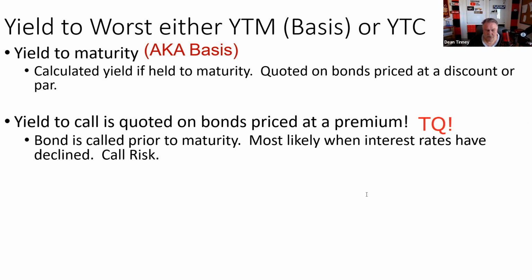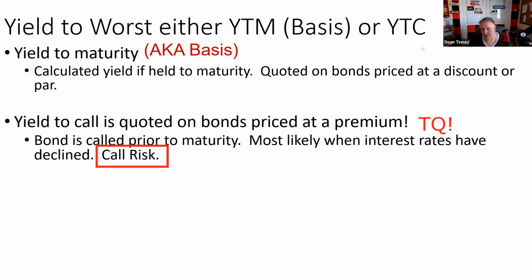I would definitely know that call risk, very testable, is associated with a declining interest rate environment. So not only when you buy a bond at premium do you need to know this idea about yield to call, but you need to know that call risk is associated with a declining interest rate environment. It's very testable to know what is call protection, what prevents the issuer from calling the bonds.